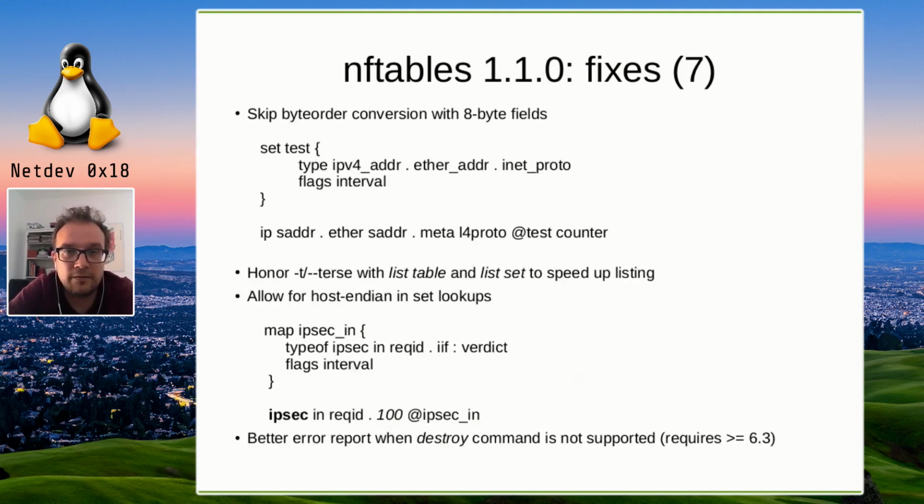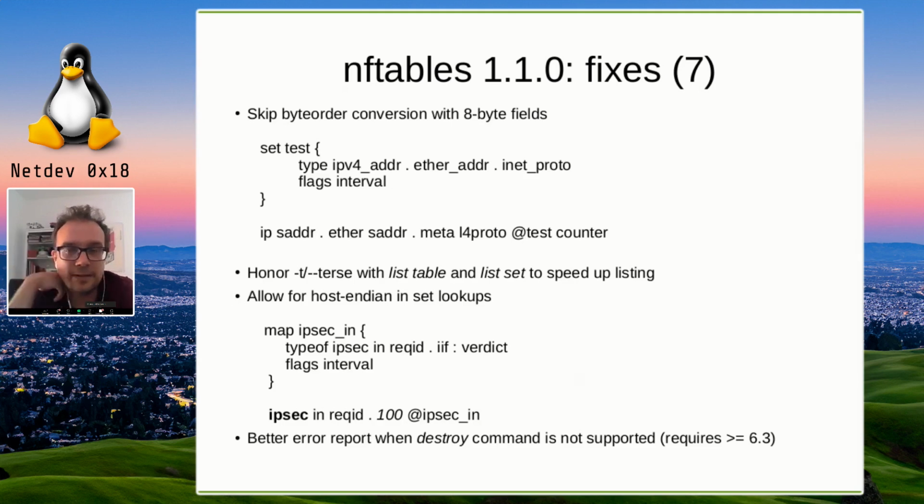We are skipping byte order conversions. Again, more byte order fixes when building concatenations used with set flags, with set intervals, with sets with ranges.